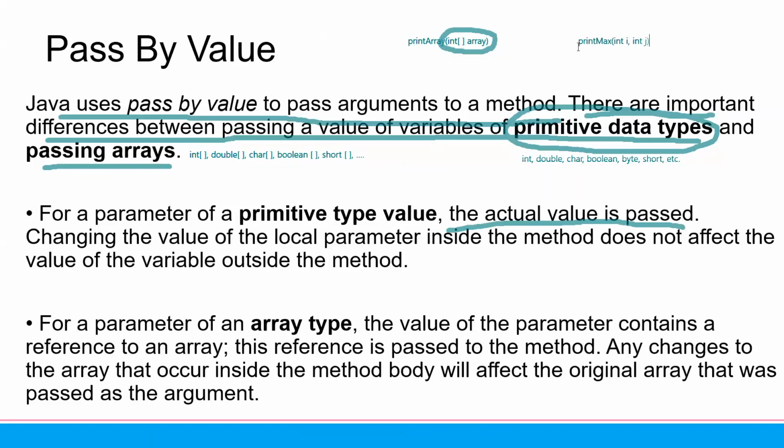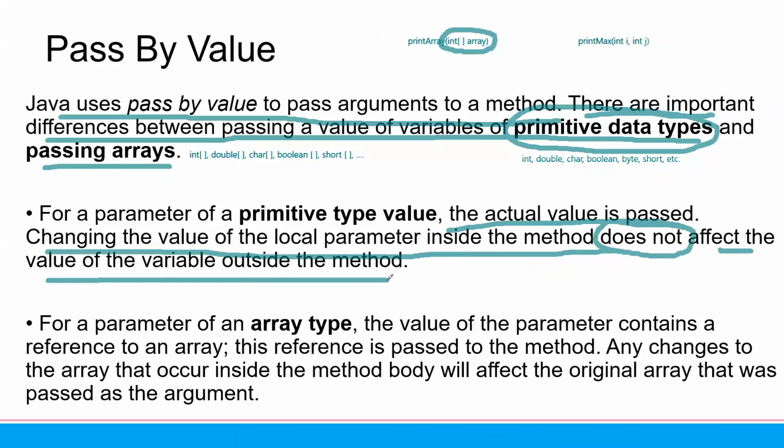The actual values will be inside this method. And changing the value of the local parameter inside the method does not affect the value of the variable outside the method. Okay, what does it mean? We will check it later.